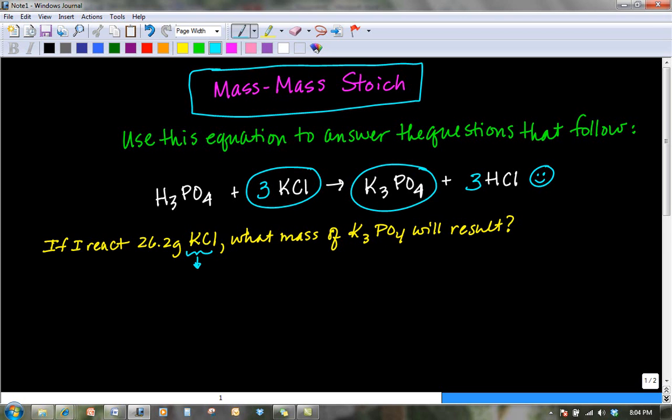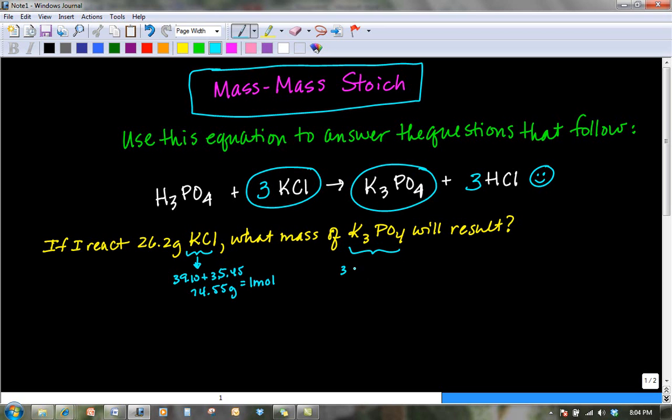And for potassium chloride, I'm going to add the mass of potassium, which is 39.10, to 35.45 for chloride, and I get 74.55 grams, which is equal to 1 mole of potassium chloride.